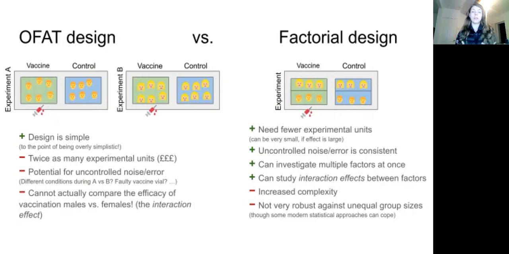However, that's not to say that there aren't some disadvantages to a factorial design. Particularly, they can be incredibly complex to design if we're considering maybe more factors and more levels than we're considering here. Furthermore, the parametric statistical methods we have to analyze these types of design are not especially robust against unequal group sizes.